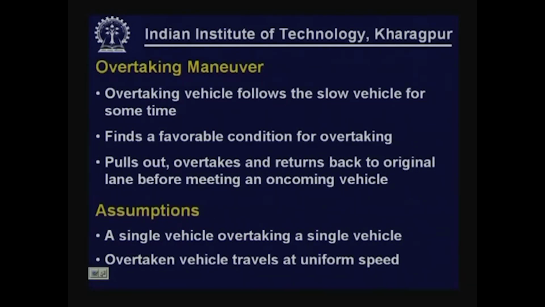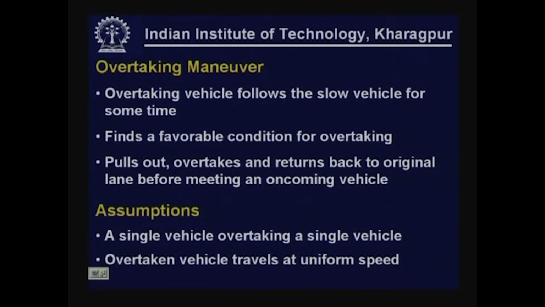Now, how does the overtaking maneuver take place? Initially, the overtaking vehicle follows the slow vehicle for some time. Subsequently, the faster moving vehicle finds a favorable condition for overtaking, with available sight distance, and it also looks at opposing traffic, whether there is any vehicle coming from the opposite direction.